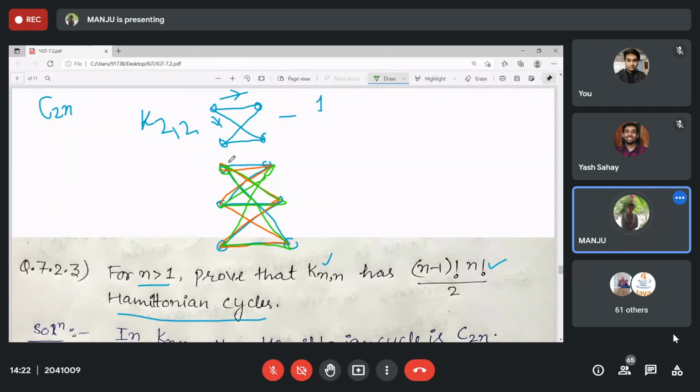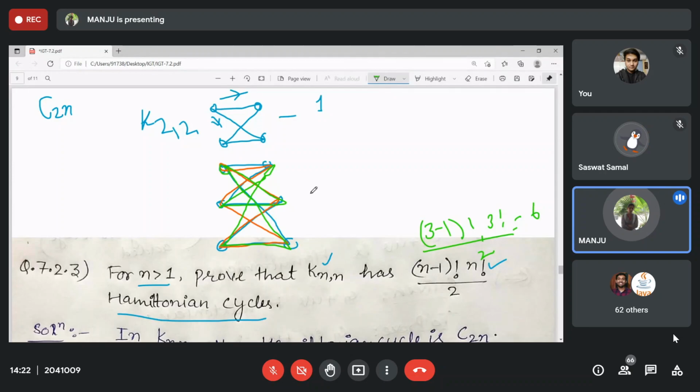What else? You can start with this vertex, right? So are we getting only 3 or 6? This will be (3 minus 1) factorial times 3 factorial divided by 2, so 6 we need.